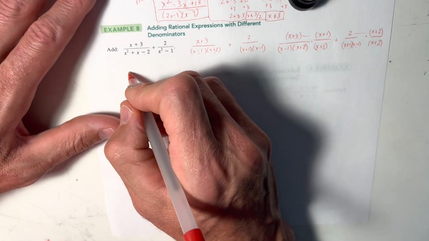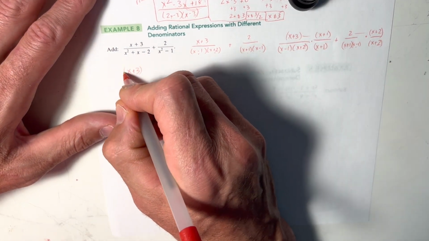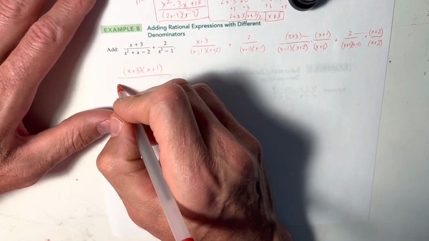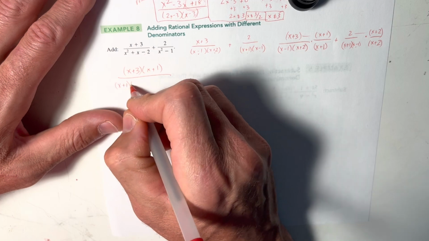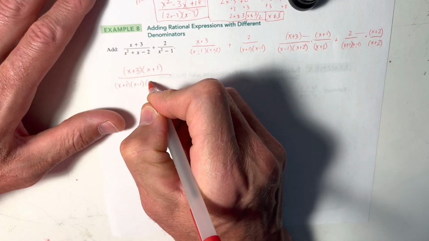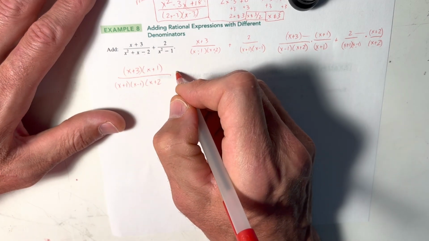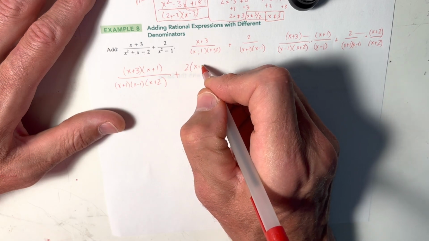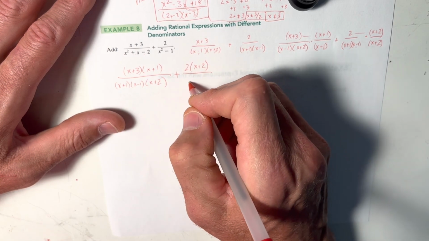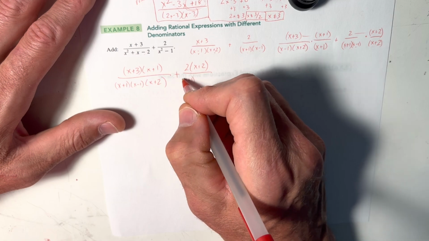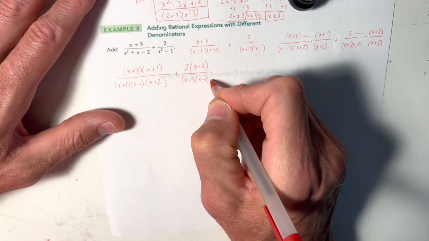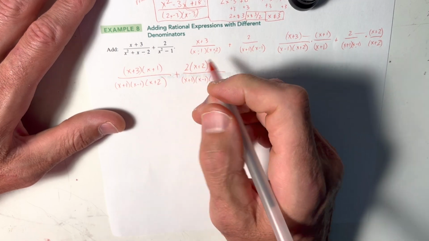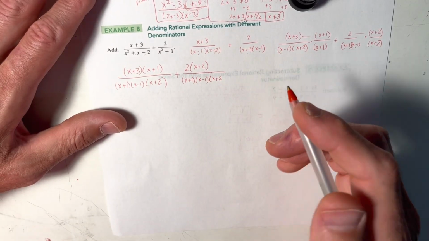All right, coming down here, x plus 3 times x plus 1, my first term, over all three things, x plus 1, x minus 1, and x plus 2. And I'm adding to that 2 times x plus 2 over x plus 1, x minus 1, and x plus 2. Again, Mr. Kowalczyk, why didn't you distribute the 2? I don't like to do too many steps at once because I make mistakes.